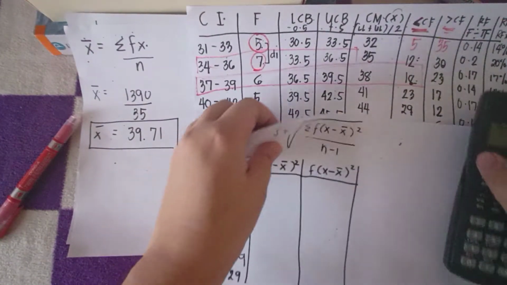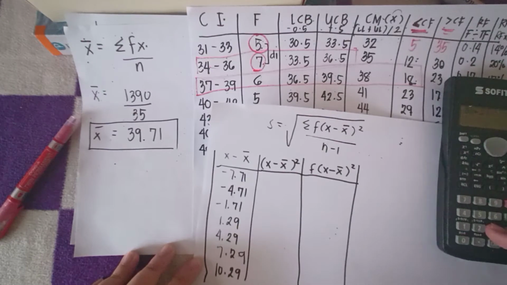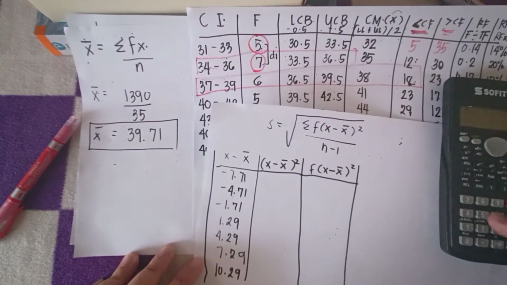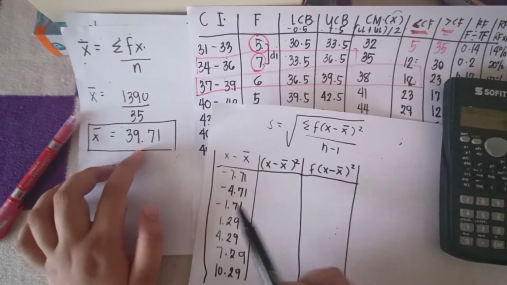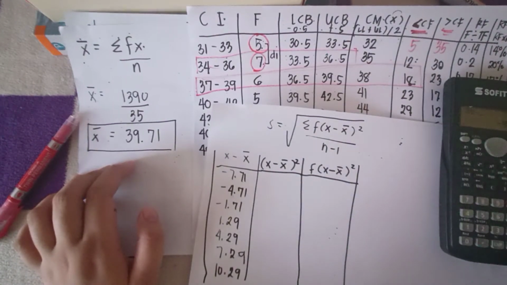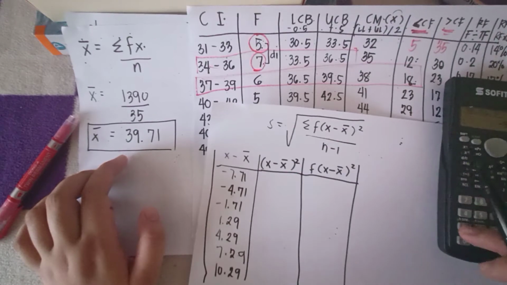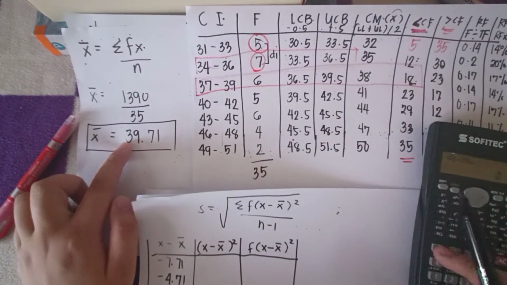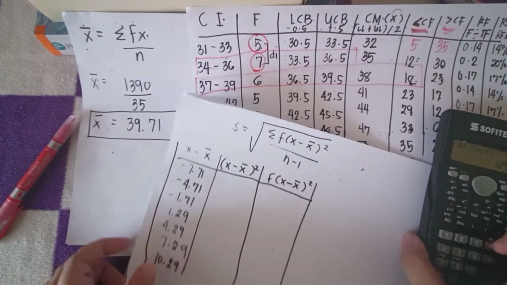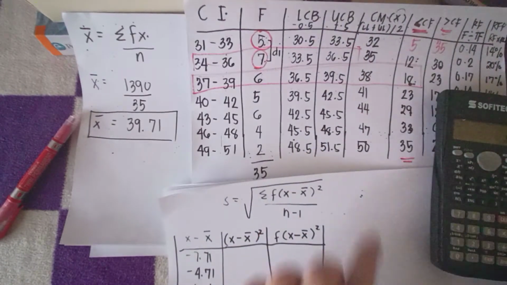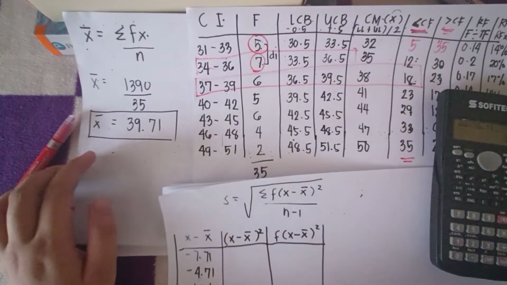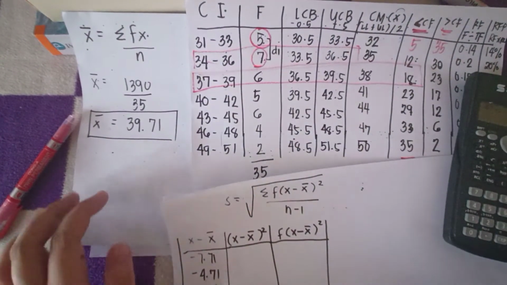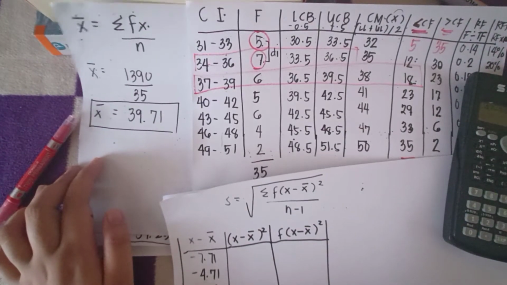Check natin. 32 minus 39.71, negative 7.71. 35 minus 39.71, negative 4.71. 38 minus 39.71 is negative 1.71. 41 minus 39.71, 1.29. 44 minus 39.71, 4.29. 47 minus 39.71, 7.29.